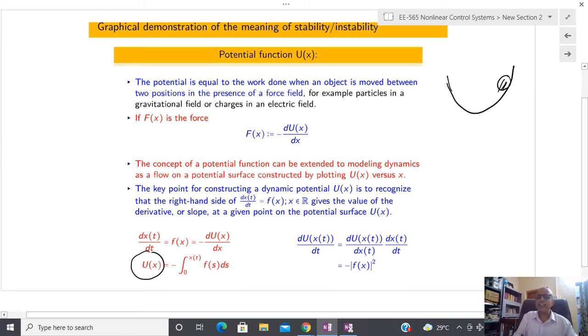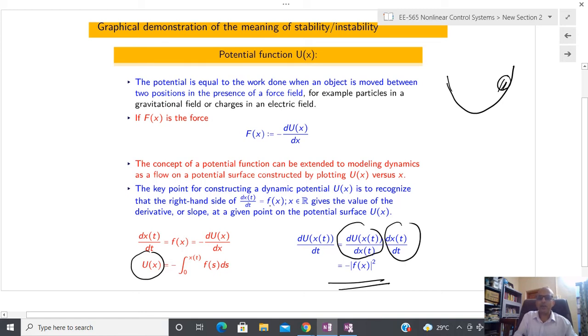So t is an implicit function of U, and due to that reason I have dou U by dou x(t) into dx(t) by dt. You can see that this particular term is minus f(x), and dx by dt is also already f(x). So I can write like this also. So it means that if this magnitude is positive, then from this analogy I can tell that the potential is actually decreasing with respect to time.